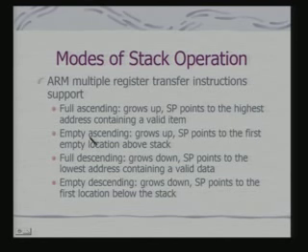So, that is why it is empty ascending. Similarly, I can have full descending, where the stack grows down and SP points to the lowest address containing valid data. In case of empty descending, the stack grows down and SP points to the first location below the stack.